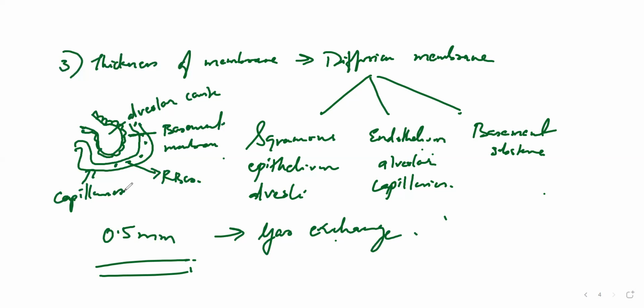Then the fourth factor, which is the surface area, very important. Now, if the number of alveoli is increased, then whatever your surface area of the lungs is, that will also increase. More the surface area of the alveoli, that much air you can get into your lungs.